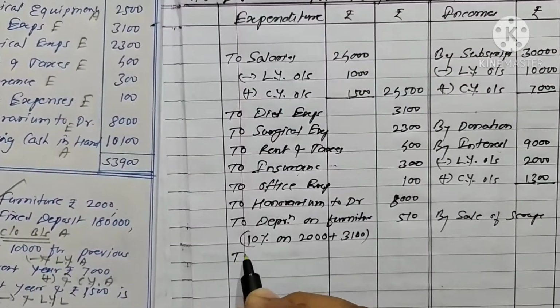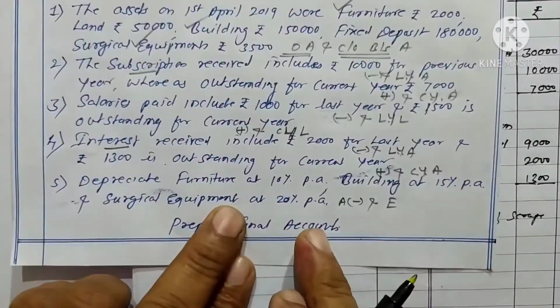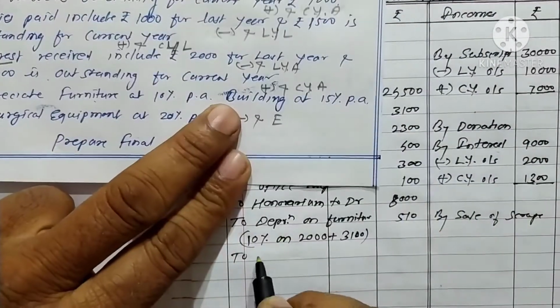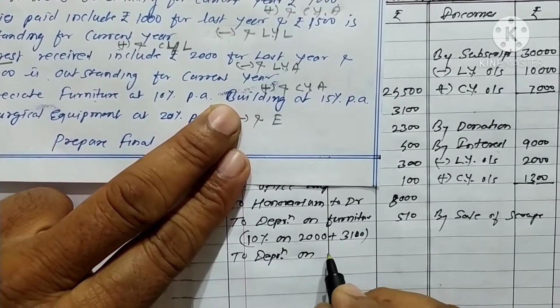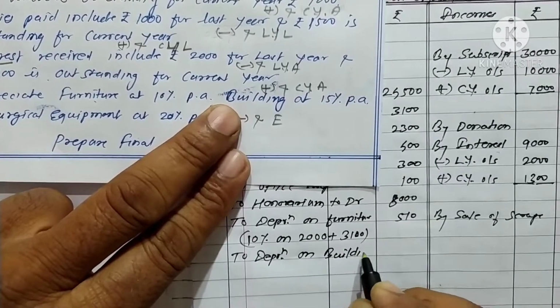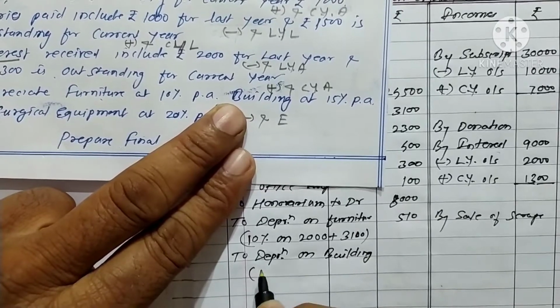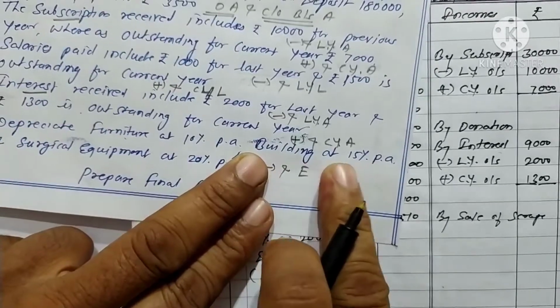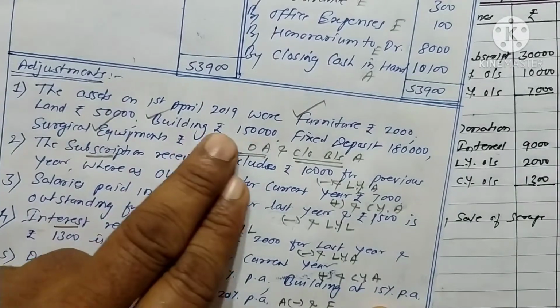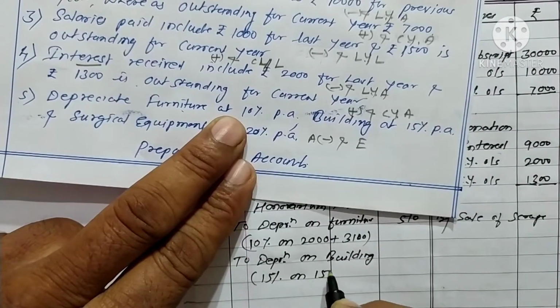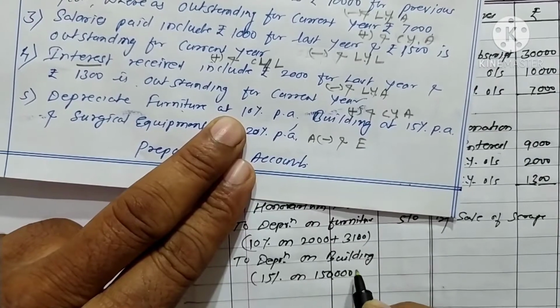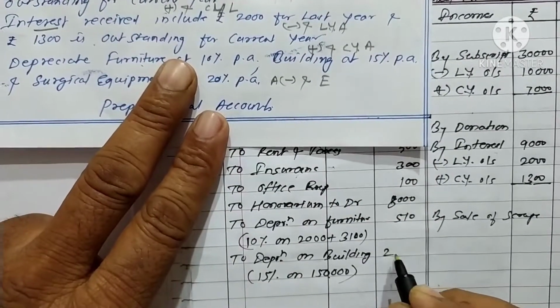Now next, to depreciation of building. Calculate here it is 15% on building rupees 1,50,000. Answer comes rupees 22,500.